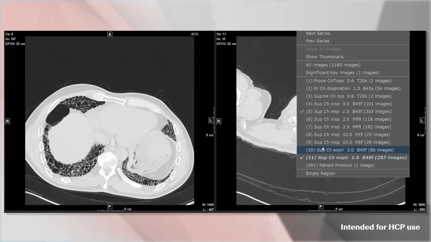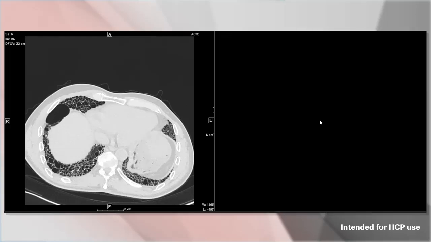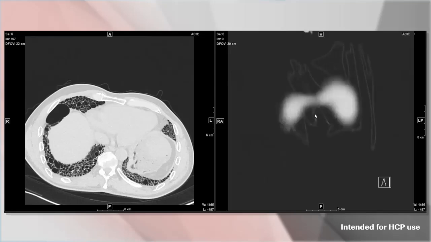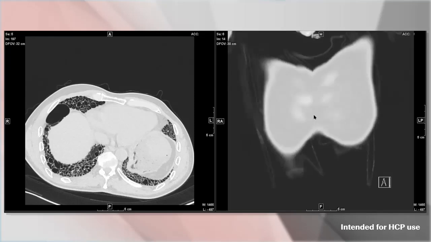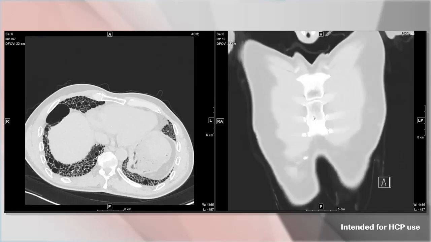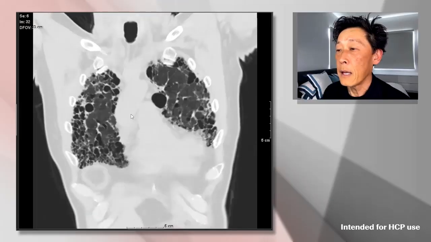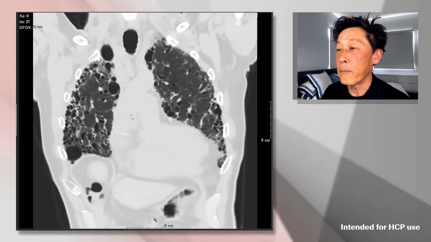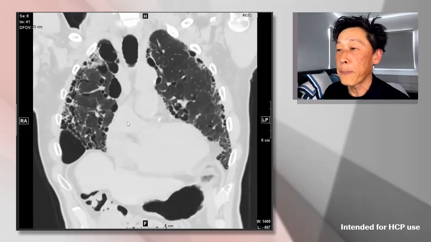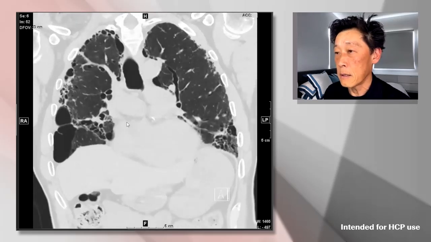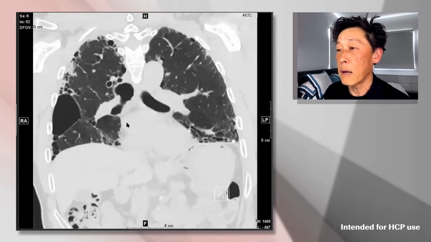Let's move on to the coronal images that go with this case. Again, this will help us really nail down the distribution of disease. As I scroll from anterior to posterior, let me just find a nice example here to stop.